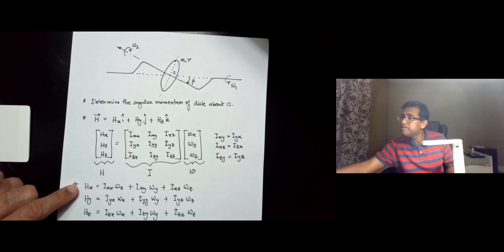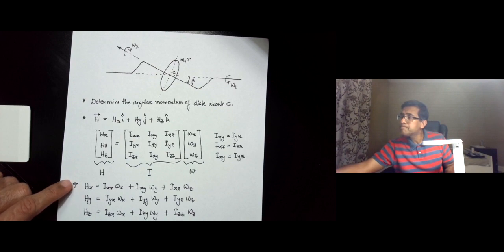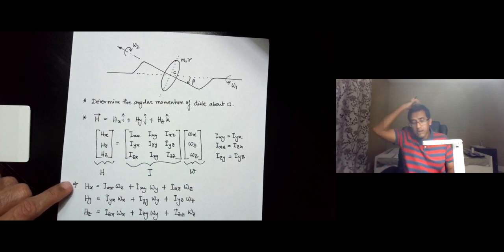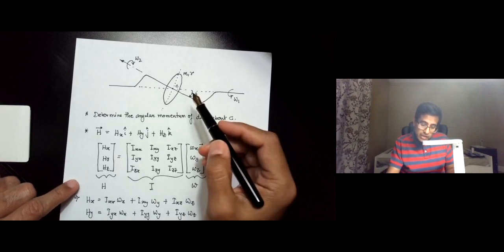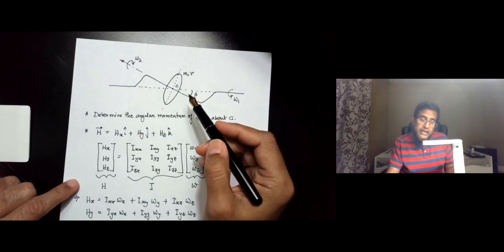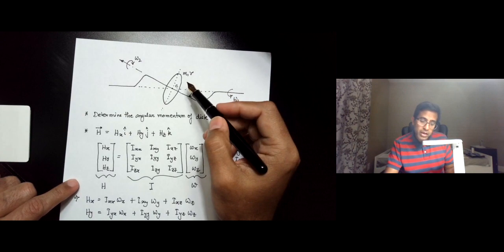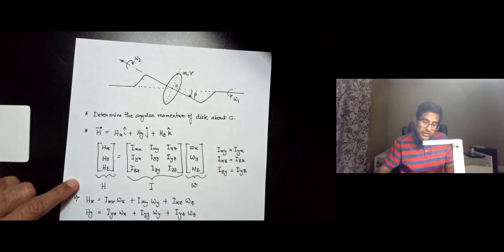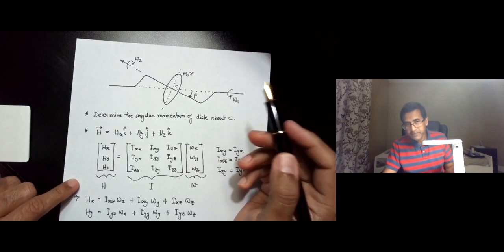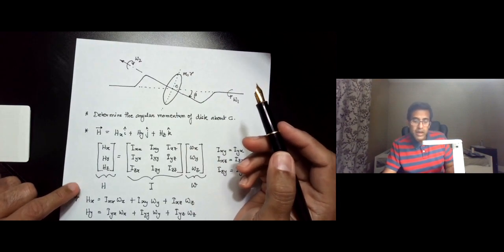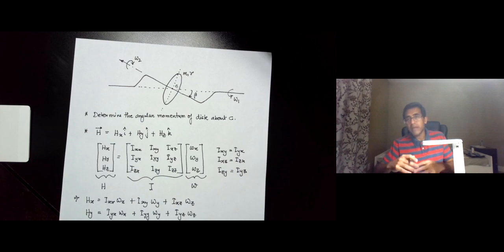So one thing that we do is, when we find the angular momentum of a rigid body, we typically choose an xyz that is fixed to the rigid body itself. What that means is that as the rigid body is turning, these axes are also turning.